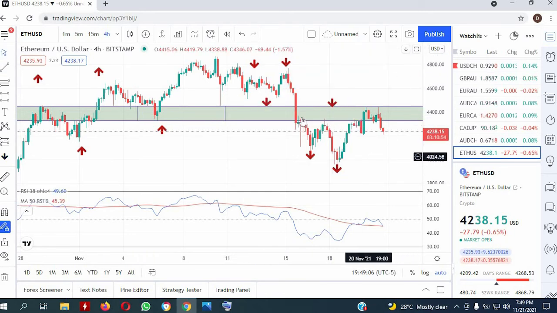So the Ethereum broke this lower high. So the Ethereum is trying to break back into the bull trend.